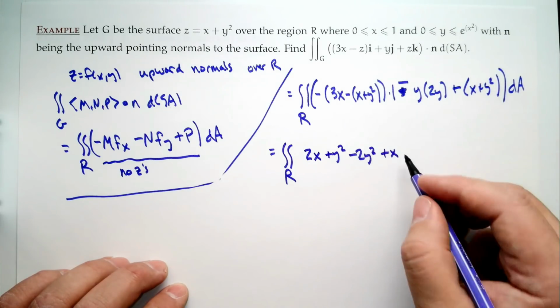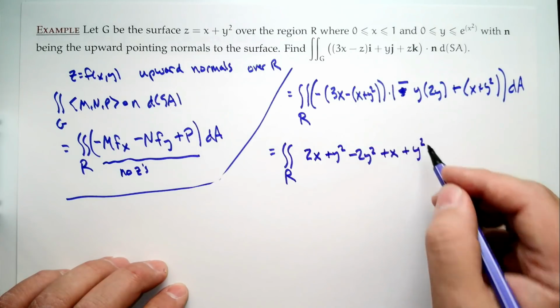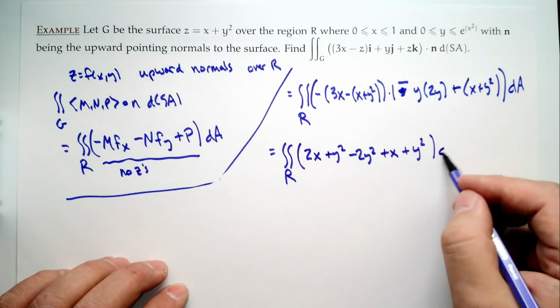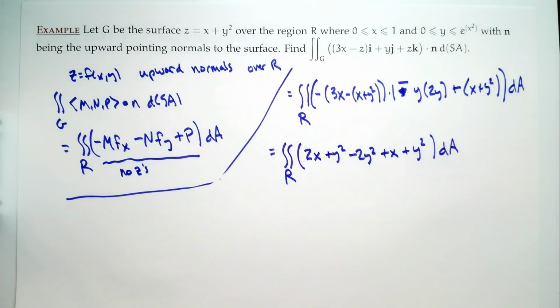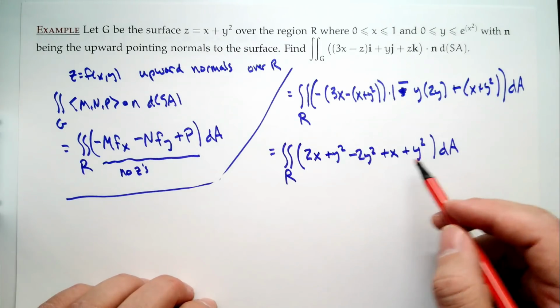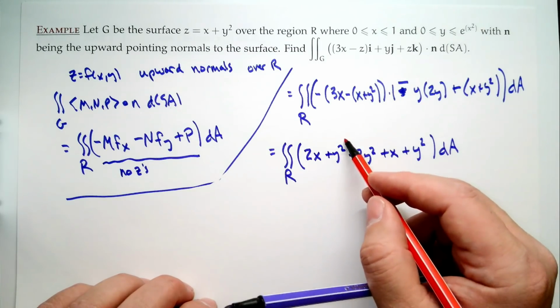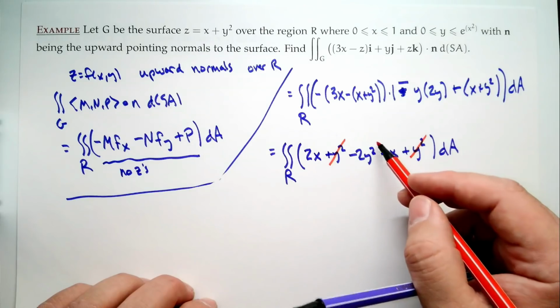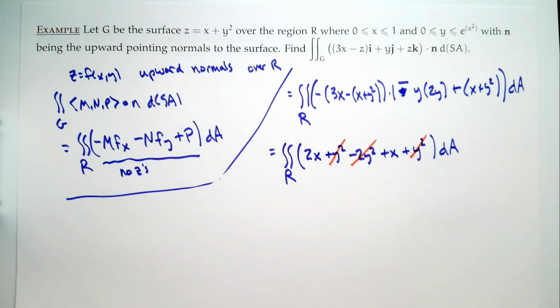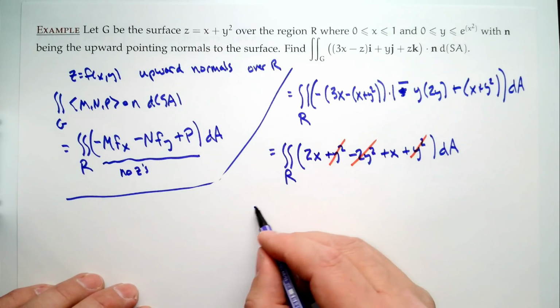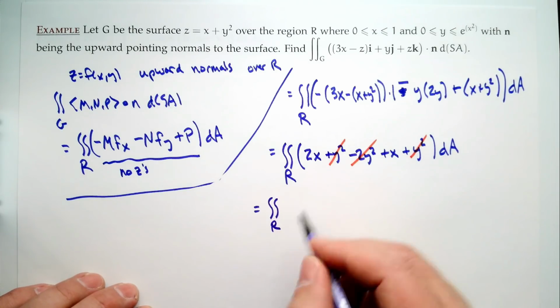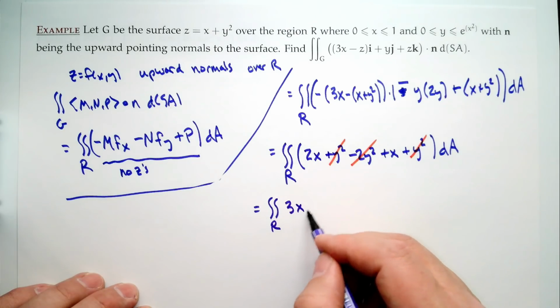And then finally plus y squared dA. Well, does anything nice happen? You got a lot of y squareds, but the good news is you got plus y squared and minus 2y squared. They all cancel out. So this simply becomes, well, if simple is the right word, integral of 3x.